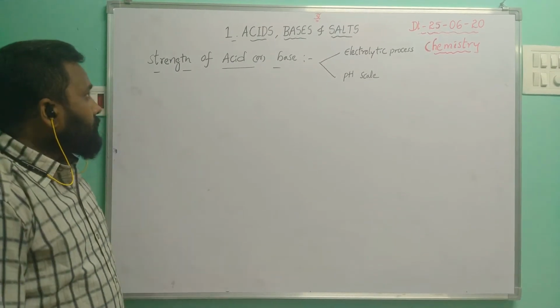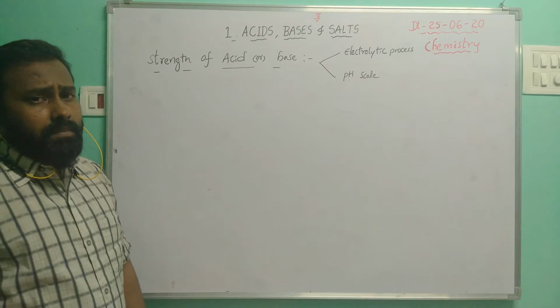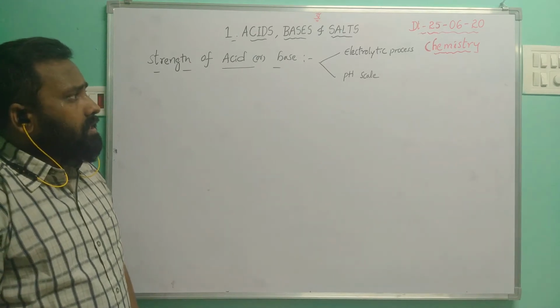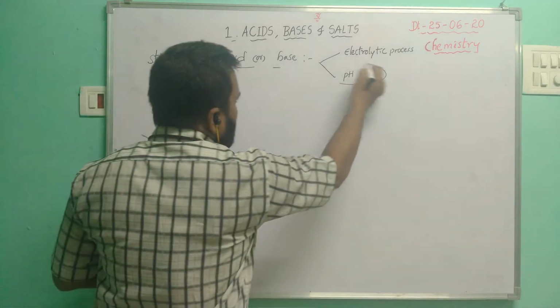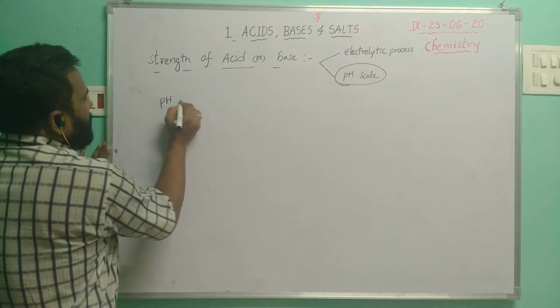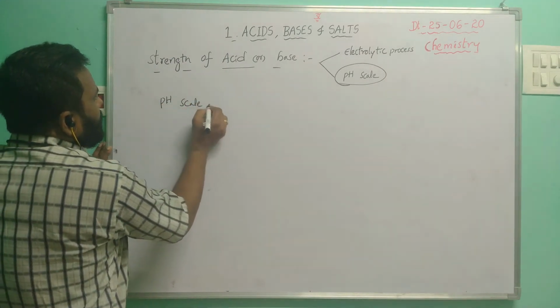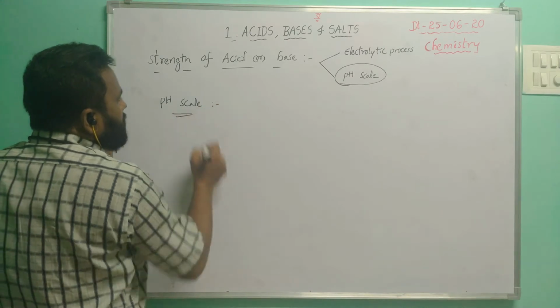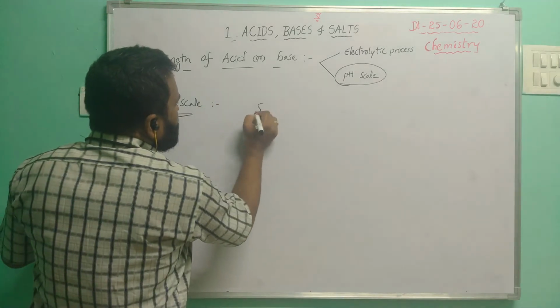Then you can find the strength of an acid or base by using the next process, called the pH scale. The pH scale was introduced by Sorensen.